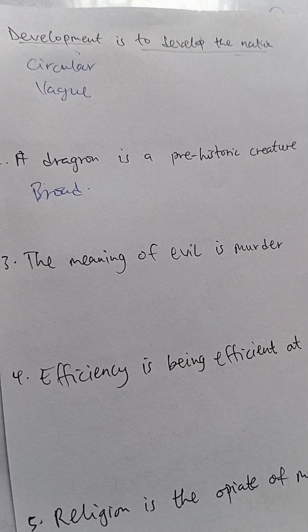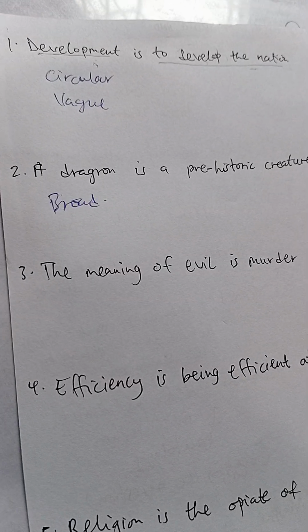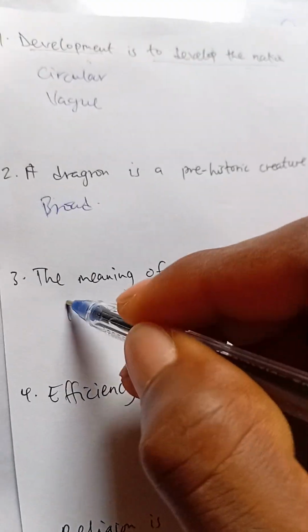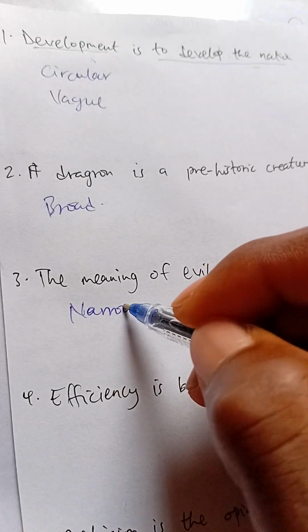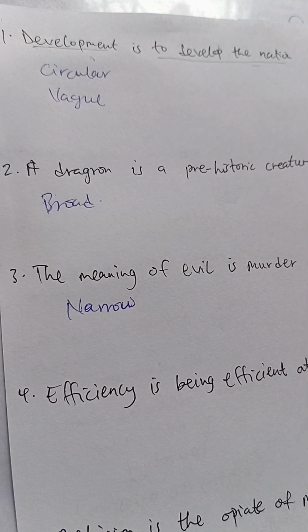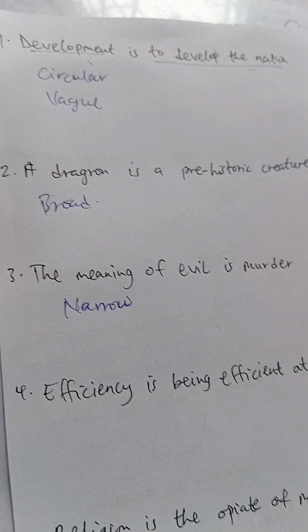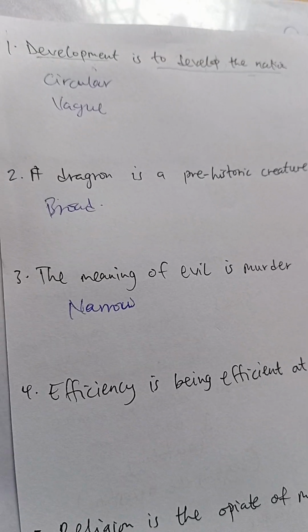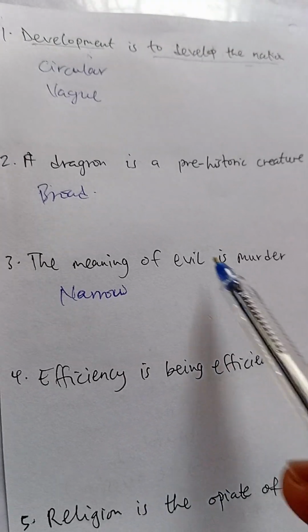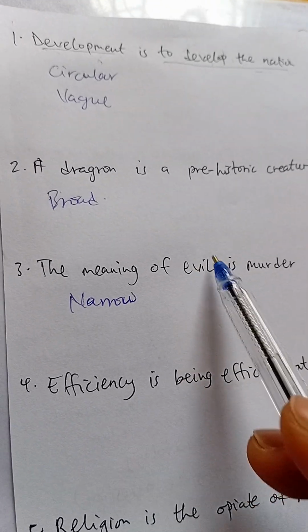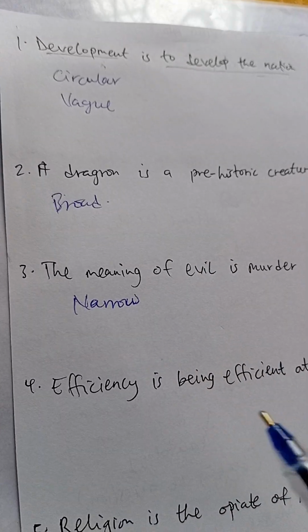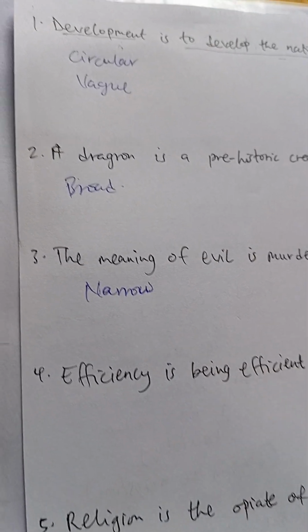Cruelty can be evil, injustice can be evil, oppression can be evil. We said that if a definition is narrow, the definition does not cover all the things the word denotes. So this one is too narrow, because other things can be considered evil. It's not only murder. Notice the difference.